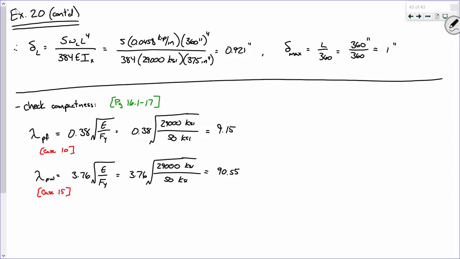Okay. Now, does anybody remember what we compare these against? Remember, the top one you compare against bf over 2tf. This one's h over tw. So what do we get? Does anybody remember where to find these? There we go, table 1-1.